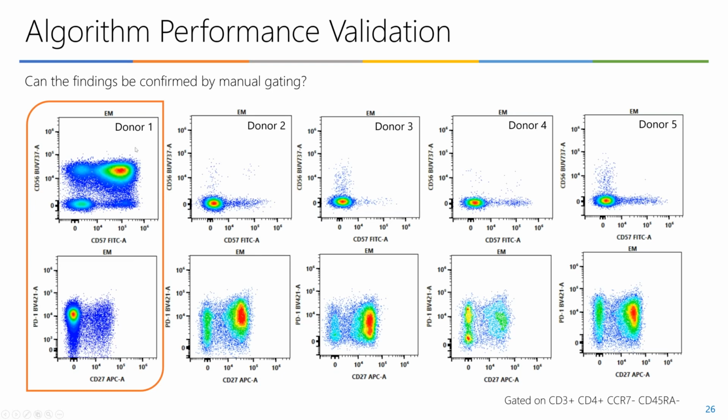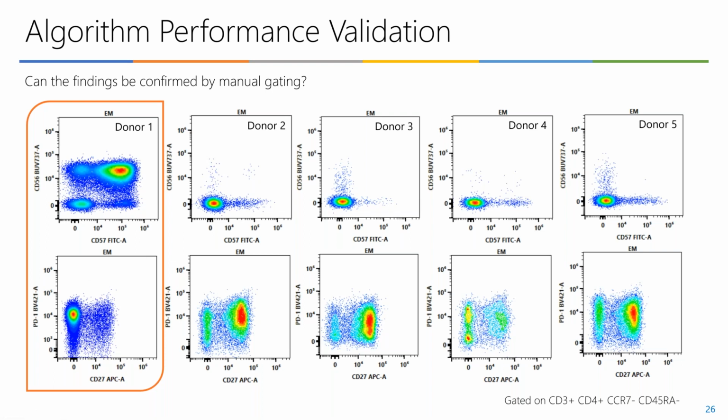Referring to our data set, it has 5 different donors, and we identified by manual gating that for donor number 1, in the CD4 positive effector memory T cells, this donor has high expression of CD56 and CD57 as well as PD1. So it is important to verify your findings.